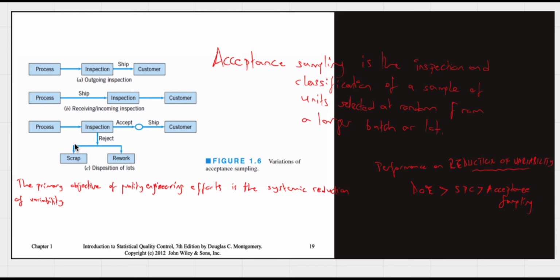And the last is the acceptance sampling methodology. It also has some effect on the reduction of variability, but not as much as statistical process control and design of experiments. That's why in modern quality engineering, the acceptance sampling methodology is not that important.